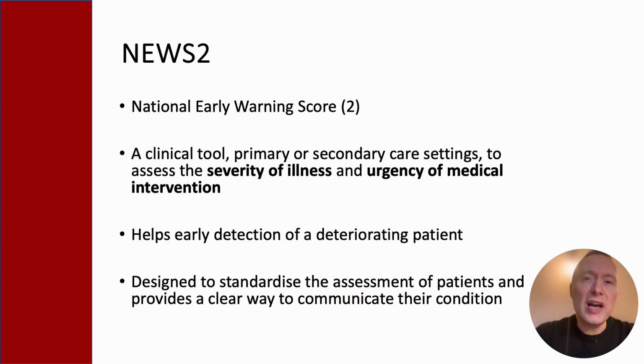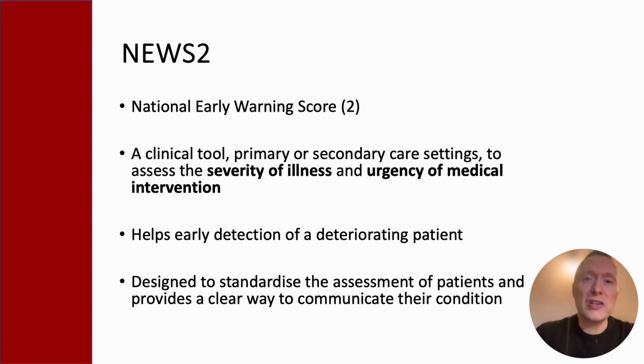So what is the National Early Warning Score or the NEWS score? Well, this is a clinical tool which can be used either in primary or secondary care settings. So that is, it can either be used by community clinicians or it can be used by those in the acute or hospital sector. And it's a scoring system which is used by carers or clinicians to assess the severity of a person's illness.